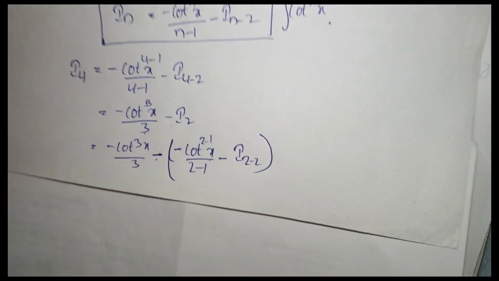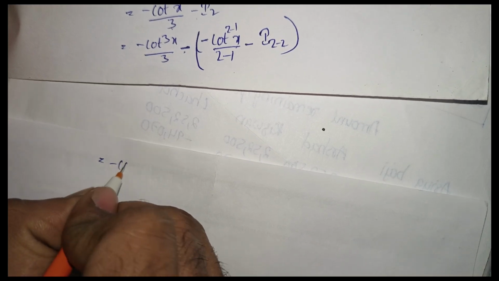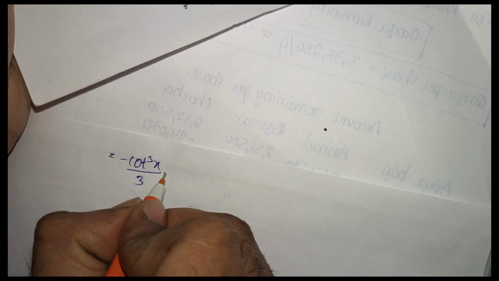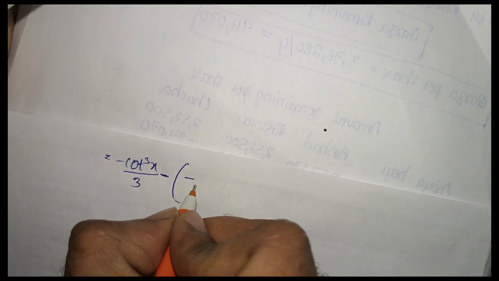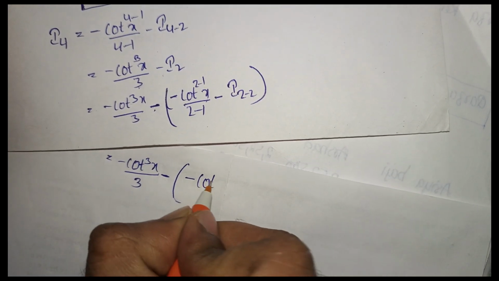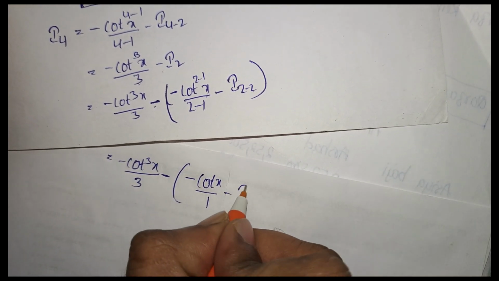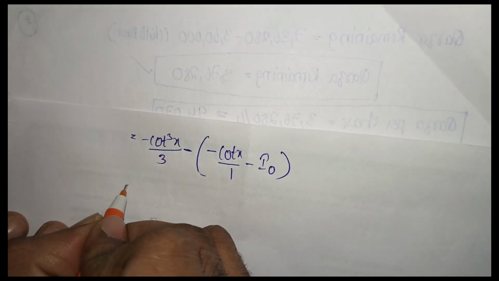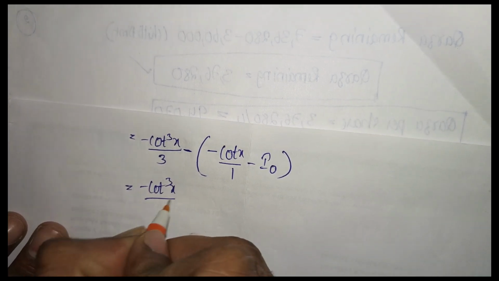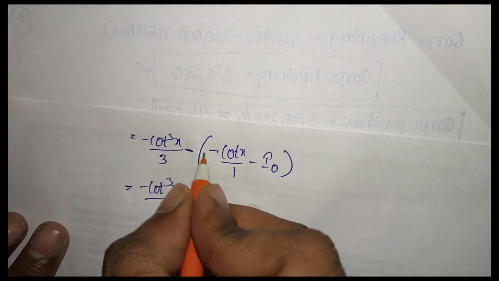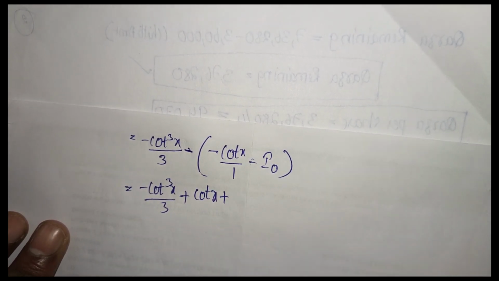So what we get here is minus cot cubed x by 3 minus of minus cot x by 2 minus 1, which is 1, minus I0. Next, minus cot cubed x by 3 minus into minus gives plus cot x, minus into minus gives plus I0.